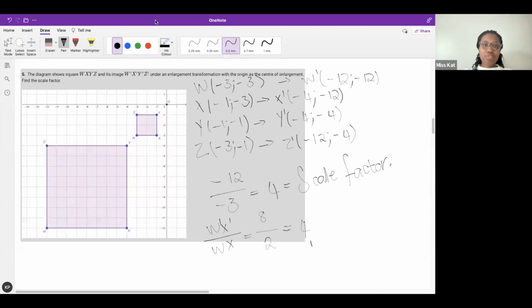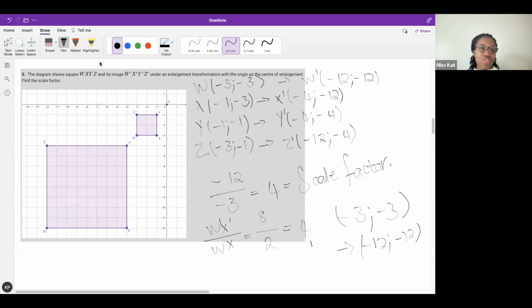Were you guys able to find the scale factor? Thumbs up, thumbs down. How did we get -12 divided by -3? So Buhle, remember I said if you have a scale factor, you multiply to get the new one. So let's say you had -3, -3, and you got to -12, -12. You need to figure out, how did I get from -3 to -12?